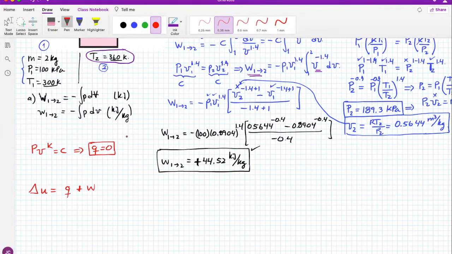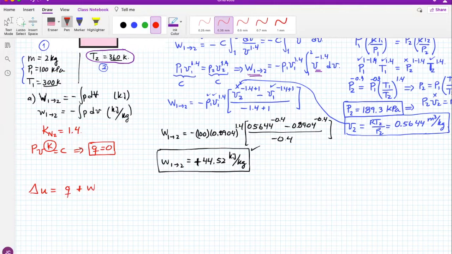They are not telling me that at any moment. Nonetheless, I can assume that just because of the number that this K has. This K for nitrogen equals 1.4. Therefore, I can assume that the process was done adiabatically. I can show you that it is adiabatic.